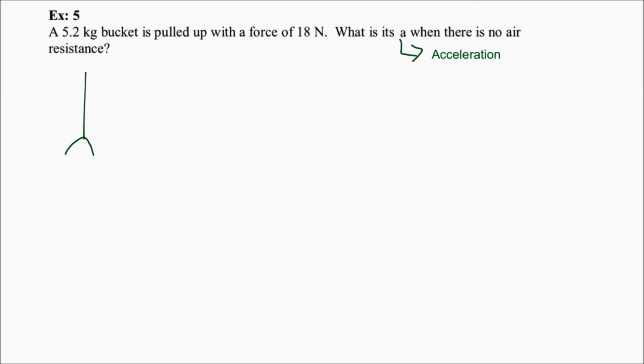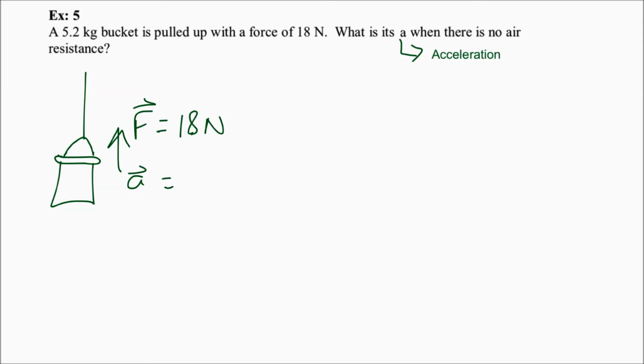So let's see, we've got a little pail here, and we are pulling up on it with a force equal to 18 newtons. And we are wondering what is the acceleration of the bucket. Now, since we're pulling only in the y-axis, that means we're looking for the acceleration in the y-axis.